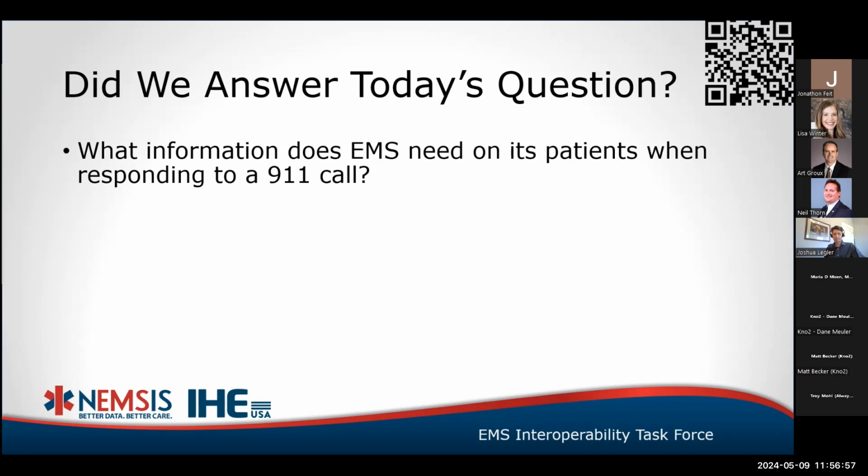And that is not effectively communicated today to practitioners in the field, right? There are states that have double-digit percentages of agencies that still don't even chart until they get back to their station. They don't even touch technology because they figure it's a distraction. And it can be, right?